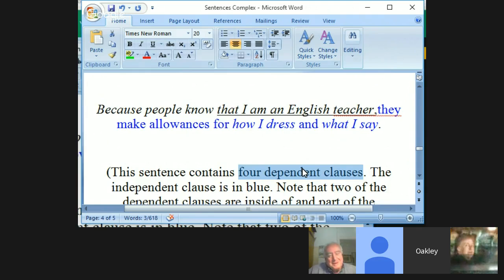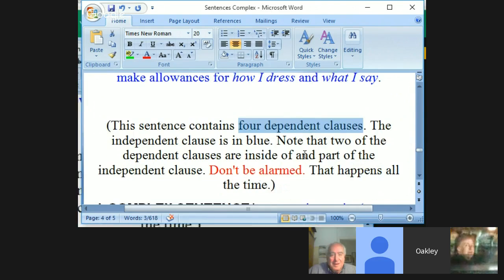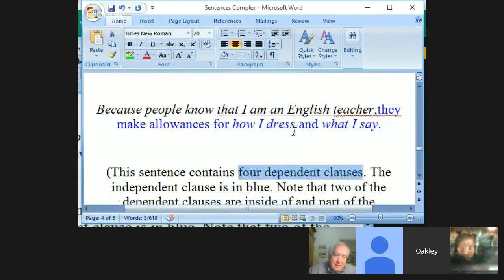In my idea, I would classify they make allowances as an independent clause. And when you specify for how I dress and what I say, they are dependent clauses. One, how I dress. Two, what I say.